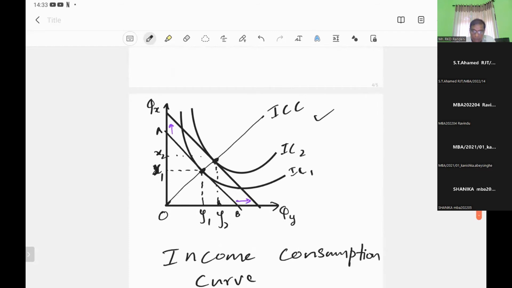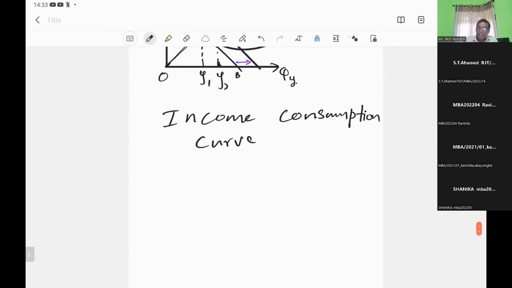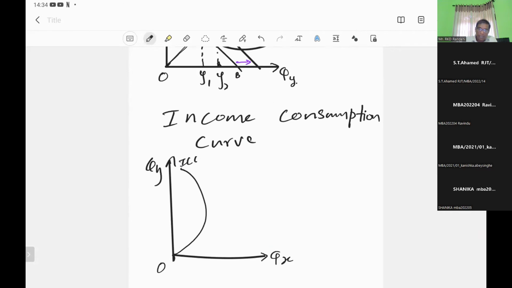If the ICC curve is like this, with a positive slope, then quantity Y and X are normal commodities. With quantity X and quantity Y on the axes, if the ICC bends backward toward the vertical axis, then good X is inferior. Good X is inferior, right?